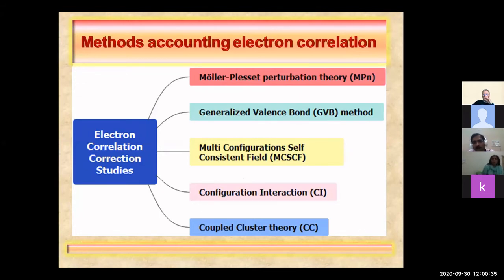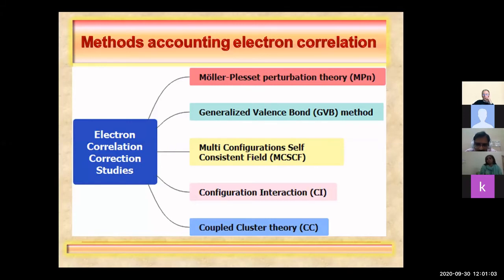In order to account for that, we have several methods called Moeller-Plesset perturbation theory, generalized valence bond method, multi-configuration self-consistent field method, configuration interaction, and coupled cluster theory. So basically, we have modified Hartree-Fock methods that account for electron correlation.